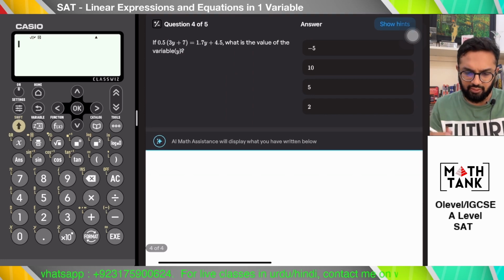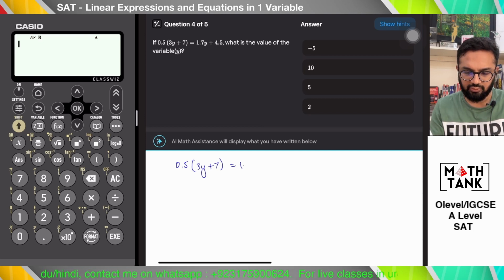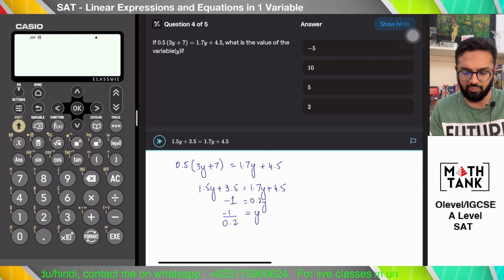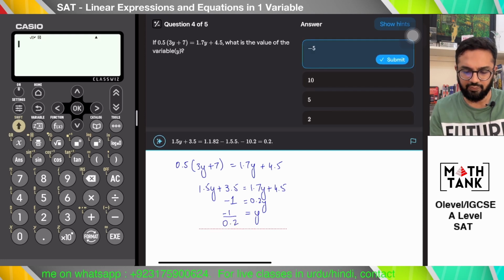This also seems like a repeated question, but let's quickly do this again. This gives me minus 1 equals 0.2y, y equals minus 1 divided by 0.2, which is minus 5.